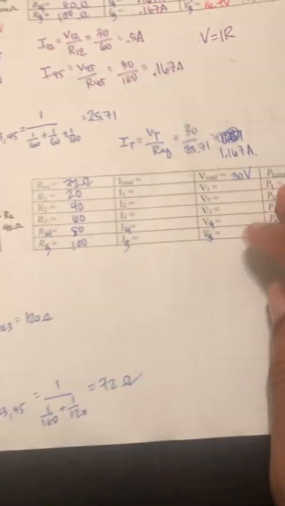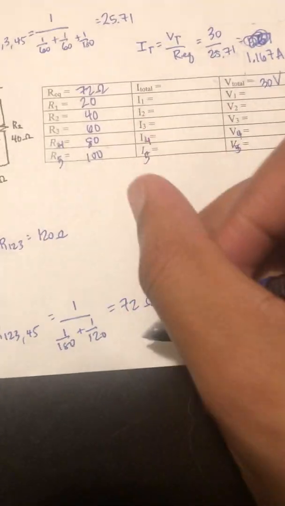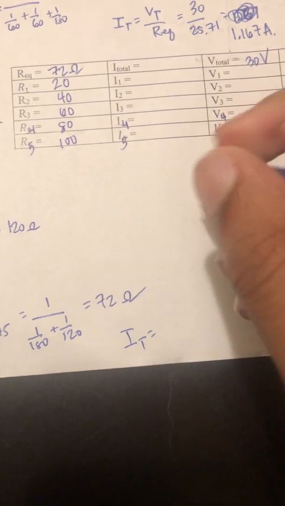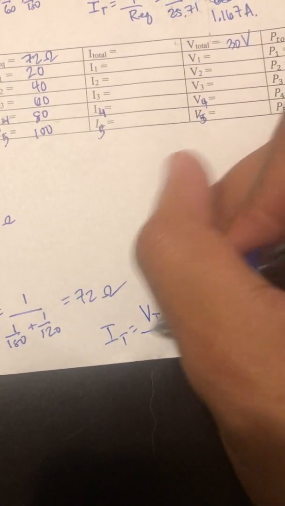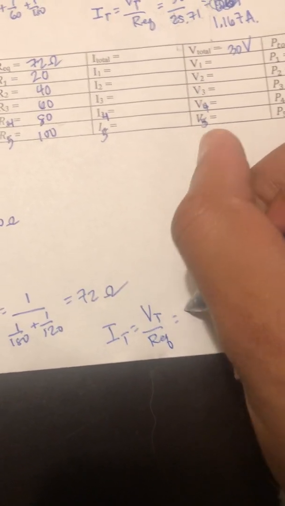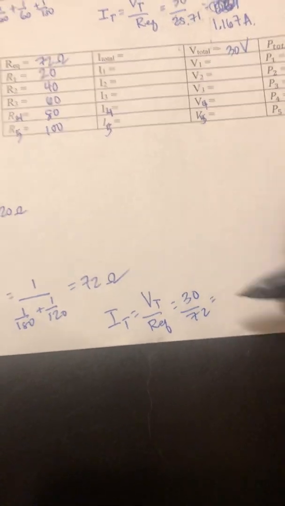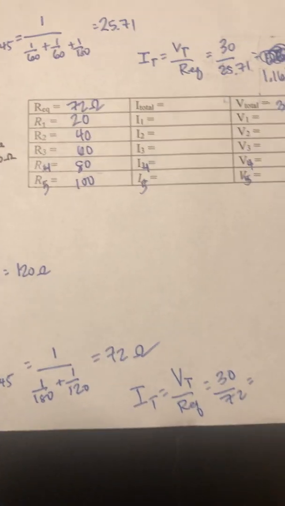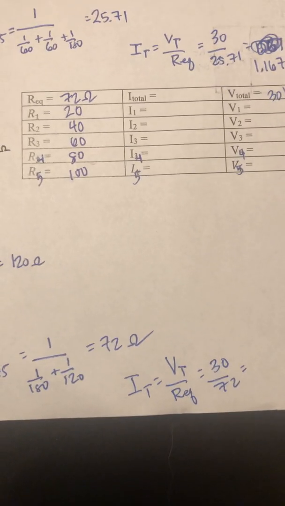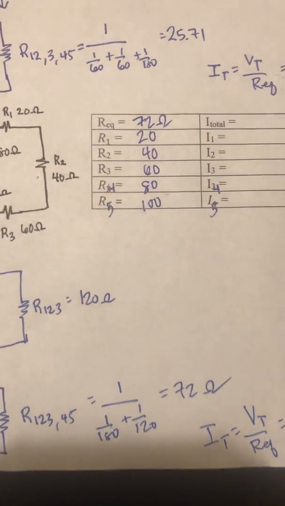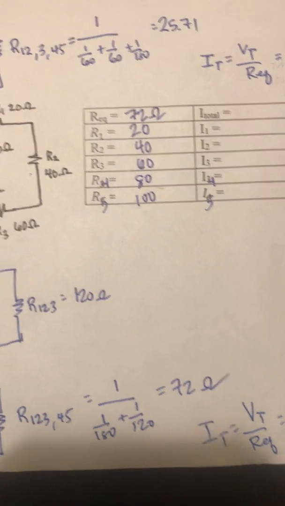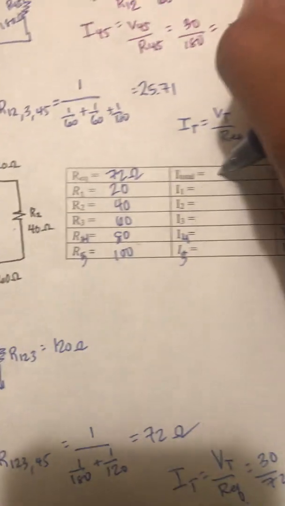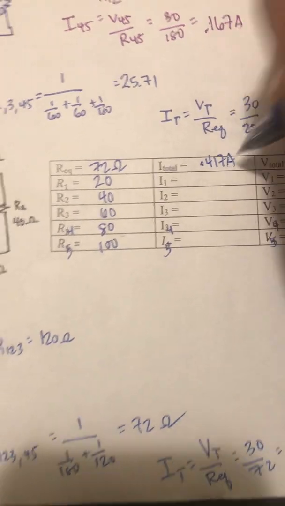All right, know my total voltage, know my total resistance. Let's find total current. 30 divided by 72, 0.417 amps.